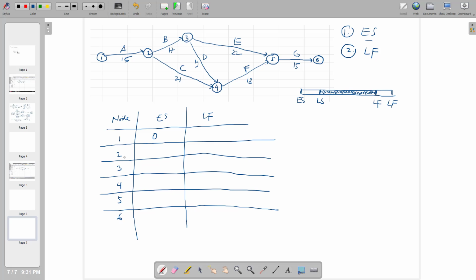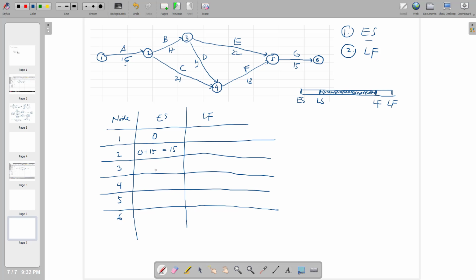For node number 2, it equals the time needed at node number 1 plus the duration of activity A. So practically, it is 0 plus 15, because activity A is 15. To reach node number 2, you have to go through 15 periods of time. So this one is equal to 15.